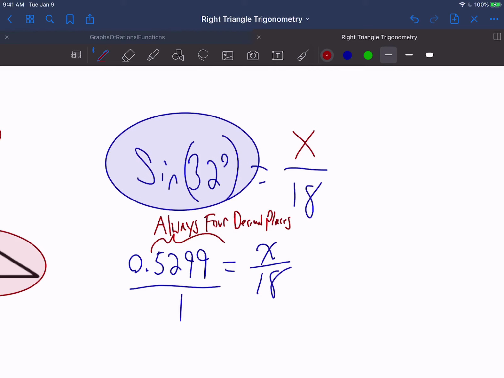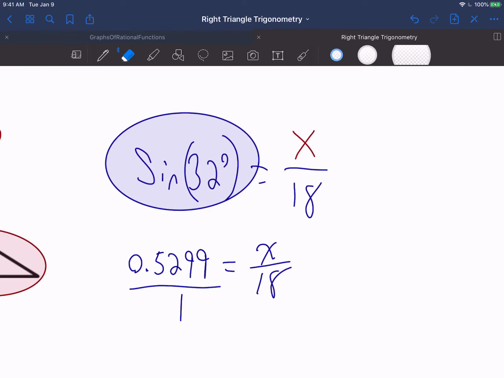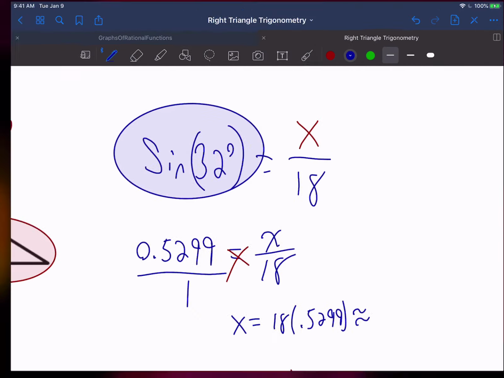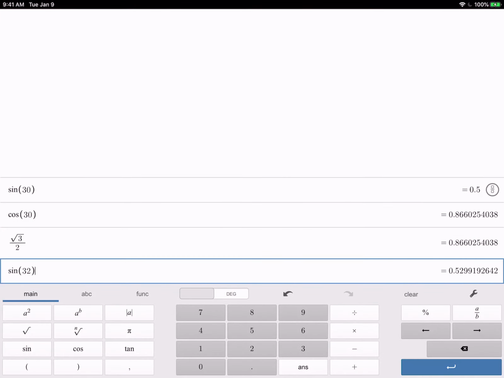The next one that we do, I'm not going to use the decimal, but just letting you know that it would be 4 decimal places. And if we were to go ahead and solve this right now, just cross multiply, and you get x equals 18 times 0.5299, which is going to be approximately equal to, go over to our calculator.